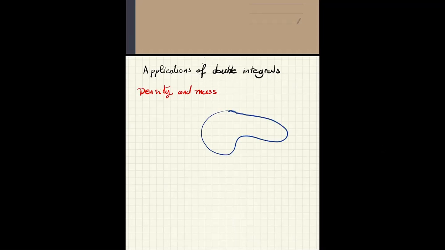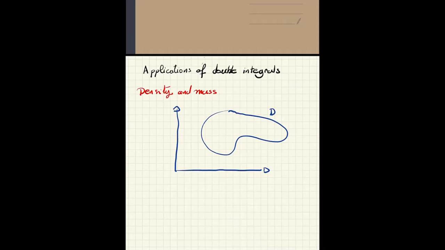Let's call this one some form D, some object D, and the density of this object depends on a function.